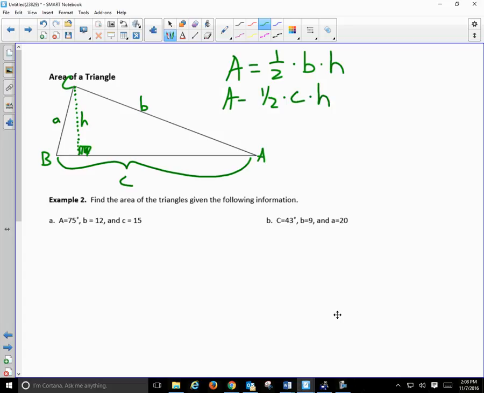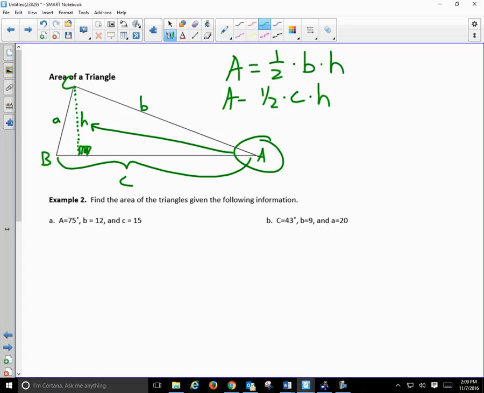But I probably wouldn't be given that height in most triangles, so we want to insert something else. If I have angle A, is H the hypotenuse, the adjacent, or the opposite? It is the opposite.